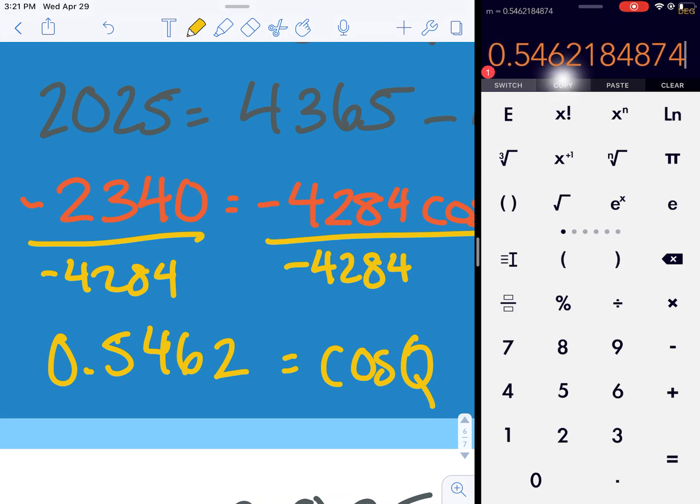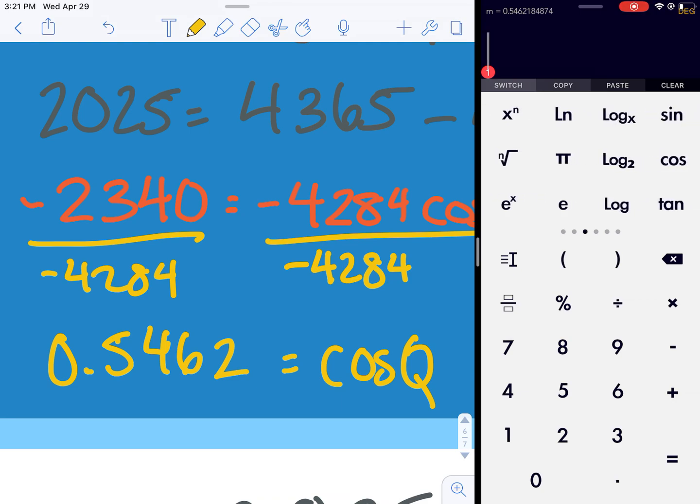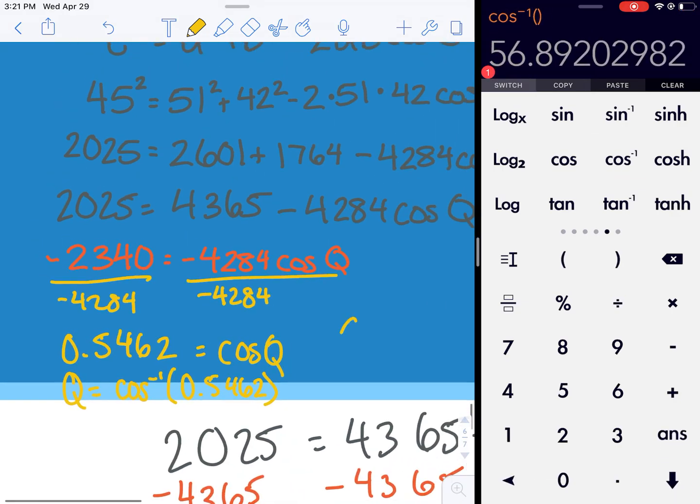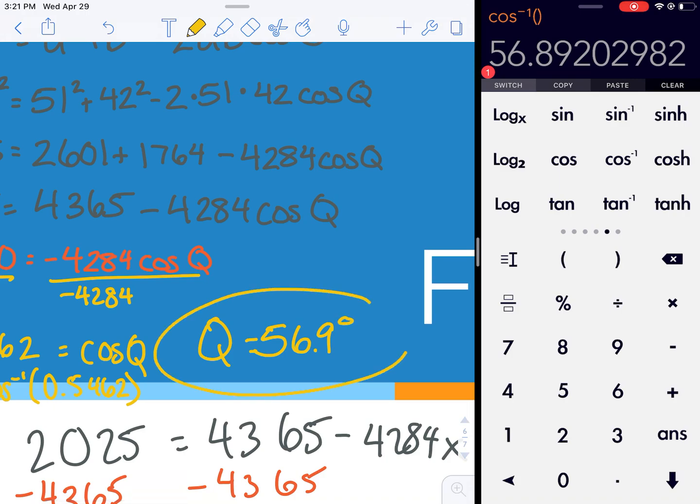So I'm going to take that answer, I'm going to copy the entire thing, and Q will equal the inverse cosine of 0.5462, and even though I only wrote 4 digits, I'm going to use what I copied from my calculator, use the entire thing, so the inverse cosine, and I'll paste that, and Q must be 56.9 degrees.